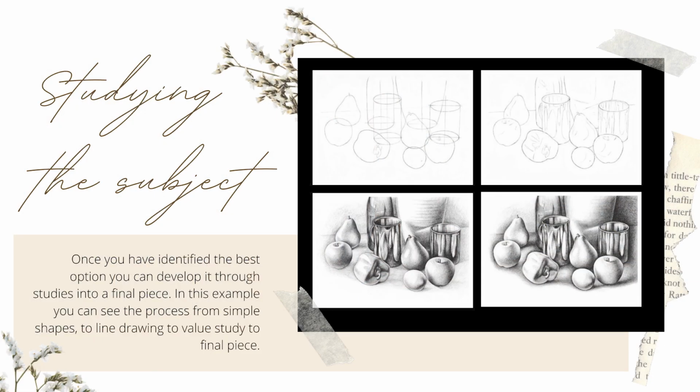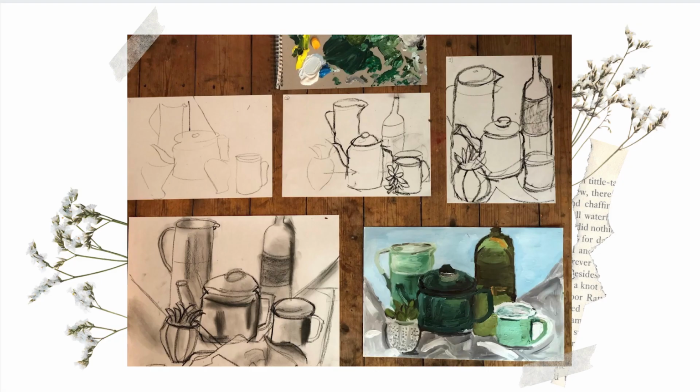So in this one, the artist explored the shapes of the objects. Then they explored all the lines they could see in the objects. Then they explored all the tonal values, and then the final one is how they're going to do their final piece. This is another example.